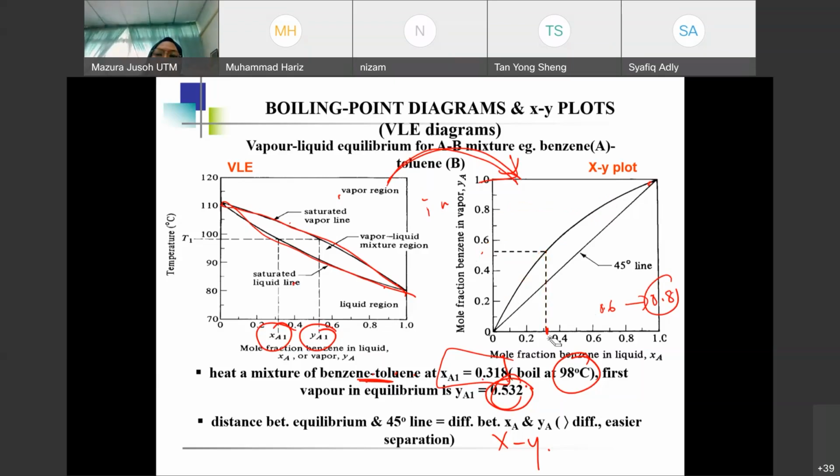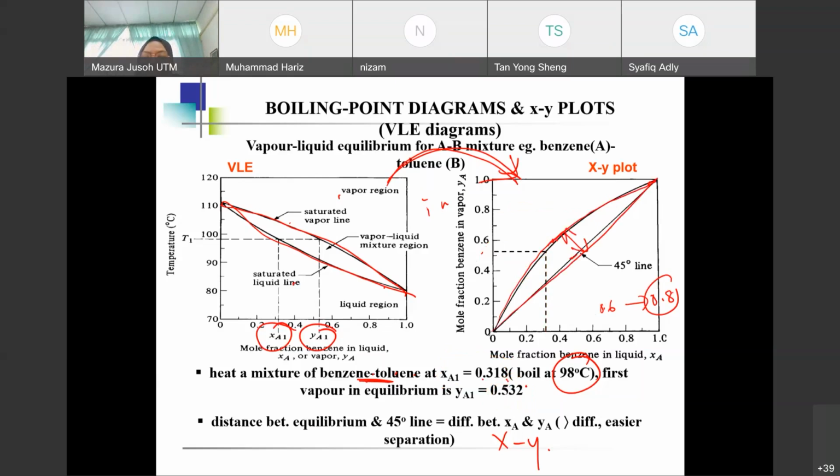Okay, so for this XY plot, this is what we call an equilibrium line. The XY plot is an equilibrium line. The distance between this line and the 45-degree line, this is the 45-degree line, this is the distance between the two lines.